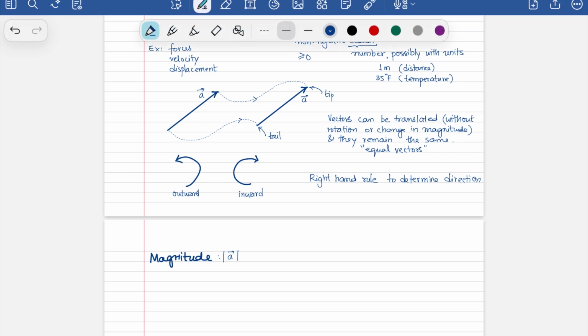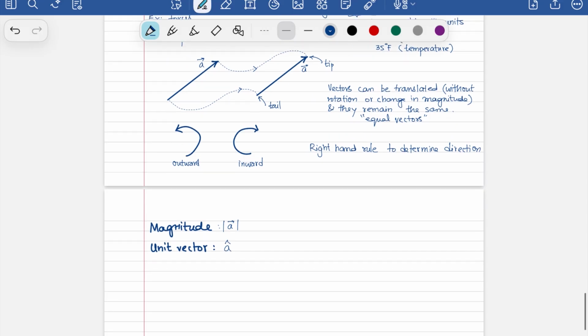So the direction is denoted by unit vectors. In this case, we're doing A vector, right? But instead of the rightward arrow, you would show this hat. So A hat, okay? Unit vectors act as signposts for direction sense, and they have a magnitude of 1.